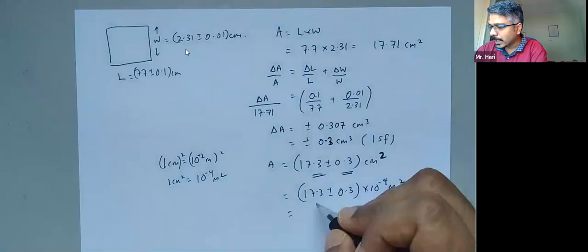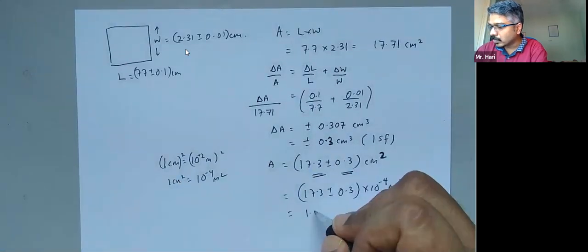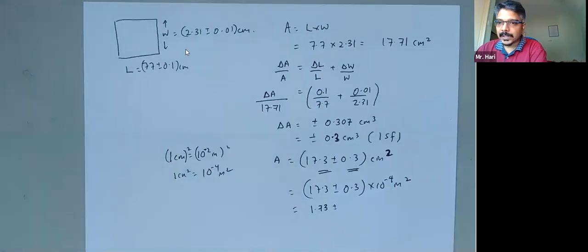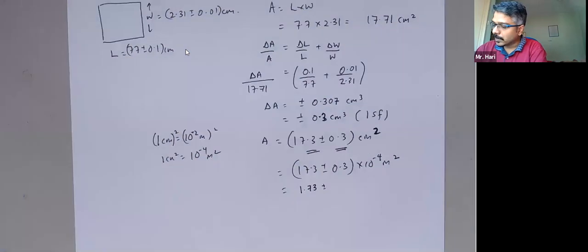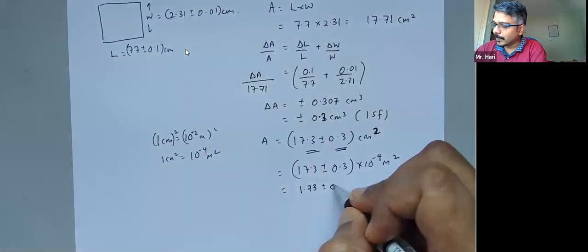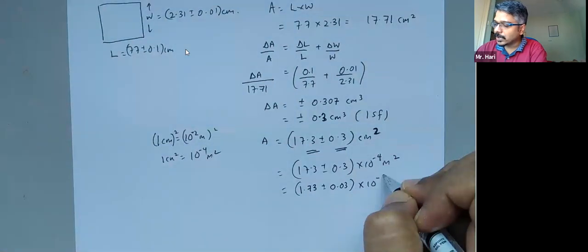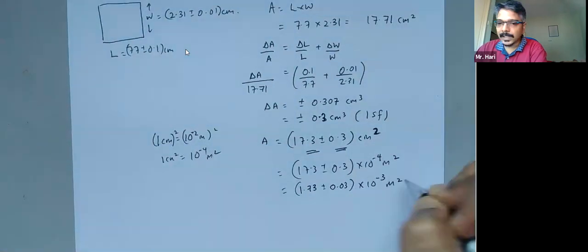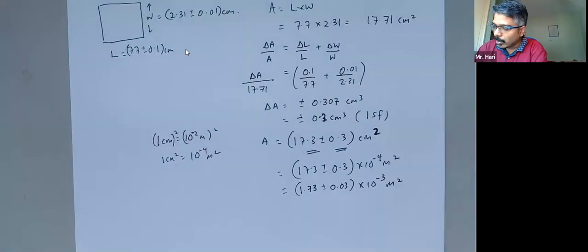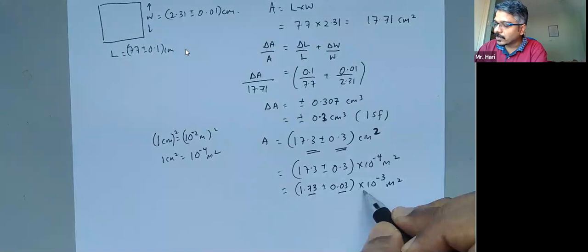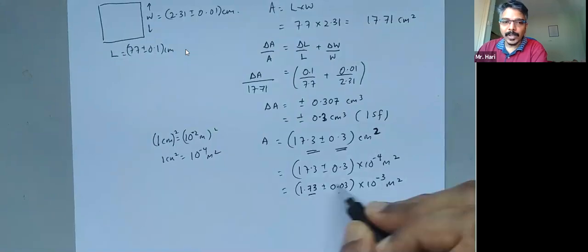All right, so I take away a factor of 10 from here to put it in the standard scientific notation. I'll get 1.77 plus minus 0.03 times 10 power of negative 3 meters squared. Okay, let's check again: 2 decimal points, 2 decimal points. All right, standardized, times 10 power of negative 3 meters squared.